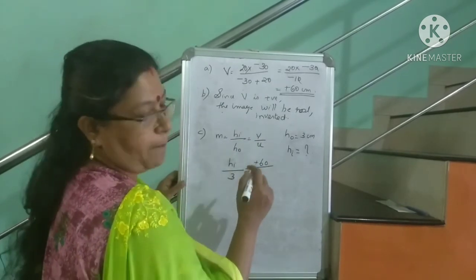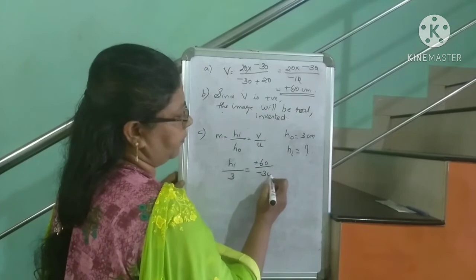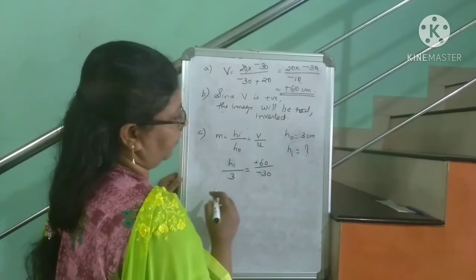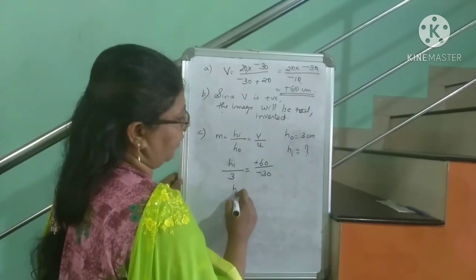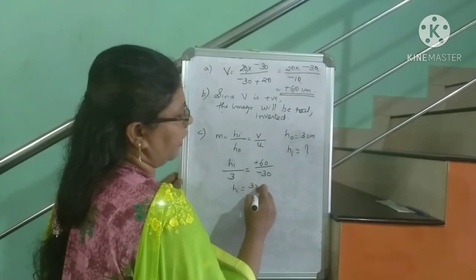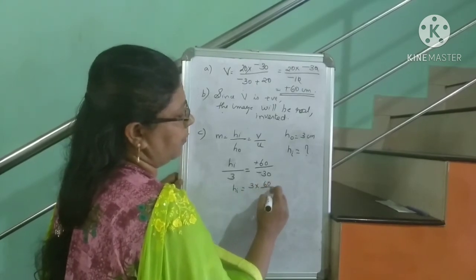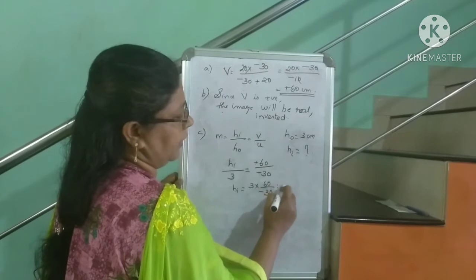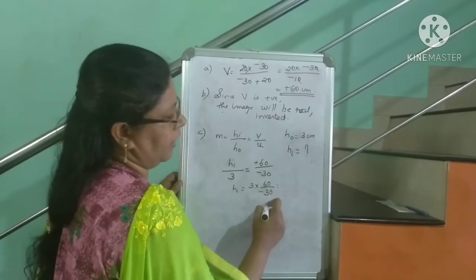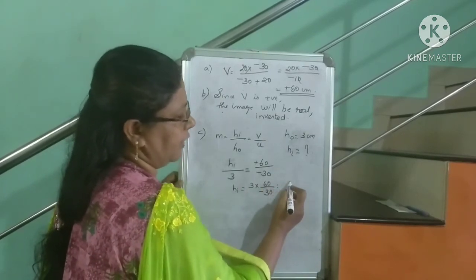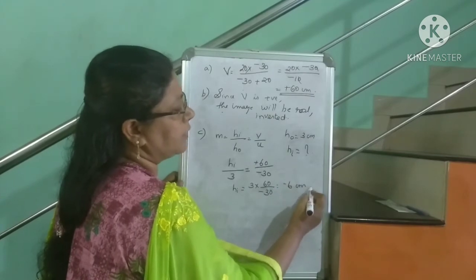U is minus 30. So HI is equal to 3 into 60 by minus 30. That is, 3 and 30 10 times, 10 and 60 6 times. So the answer is minus 6 centimeter.